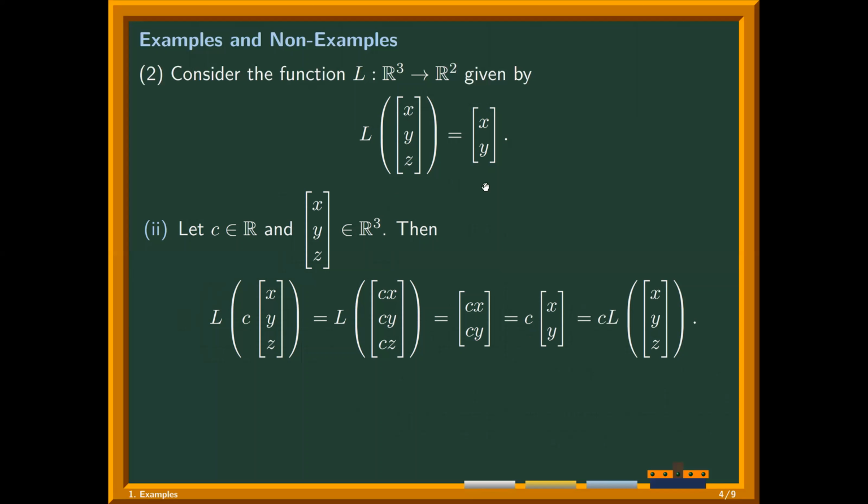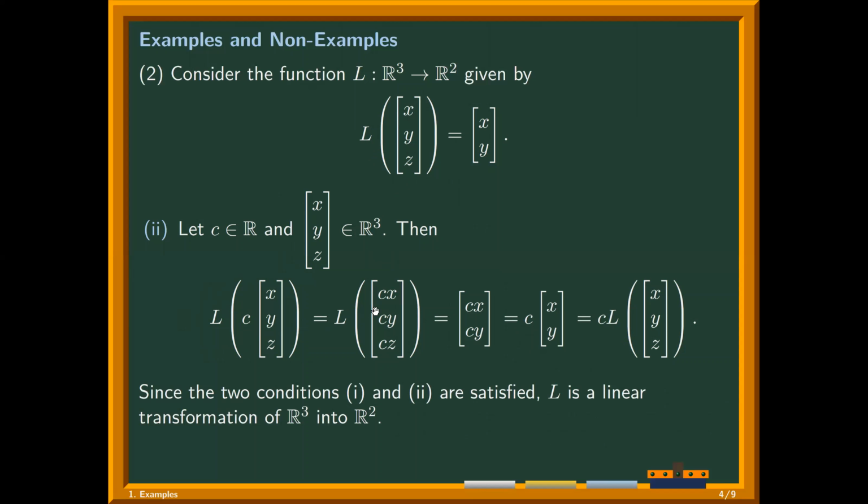And because of our definition for L, this is equal to c times L of x, y, z. So the second condition is also satisfied by our L. So we conclude that L is a linear transformation of R3 into R2.